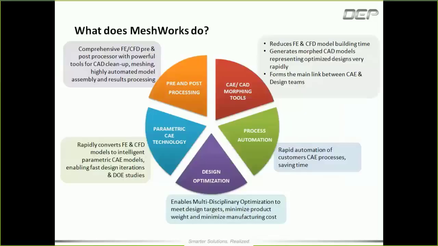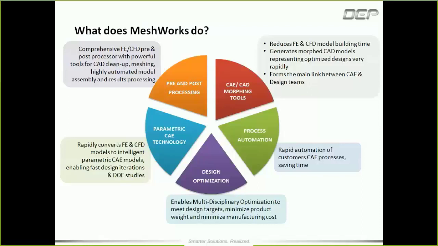This pie chart clearly identifies all the key pieces of the puzzle from the MeshWorks side. MeshWorks clearly addresses your pre and post-processing needs. That is, from the perspective of model building for the solver, as well as post-processing the results from the solvers.